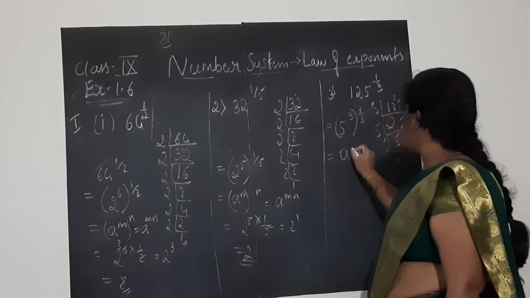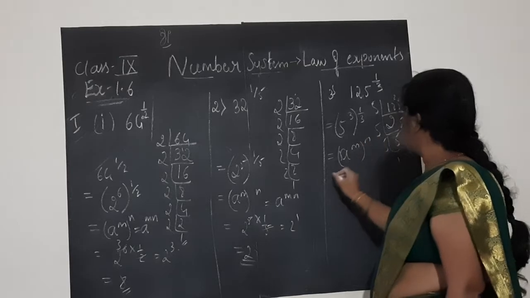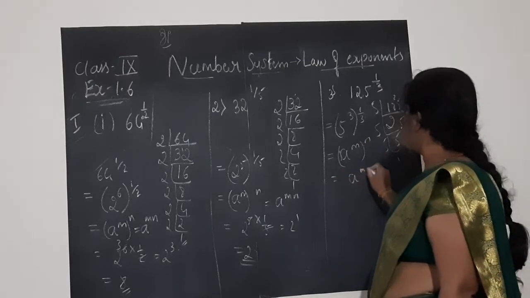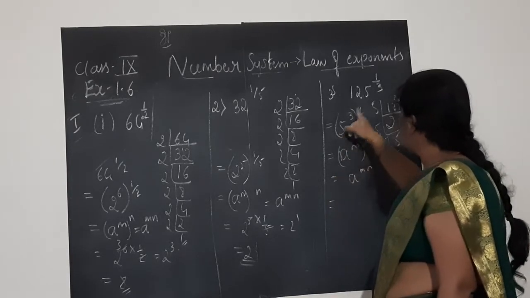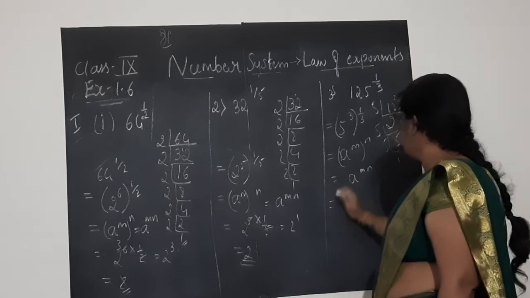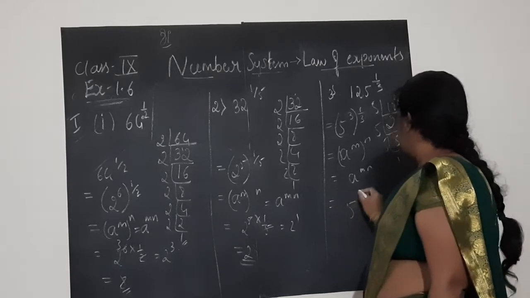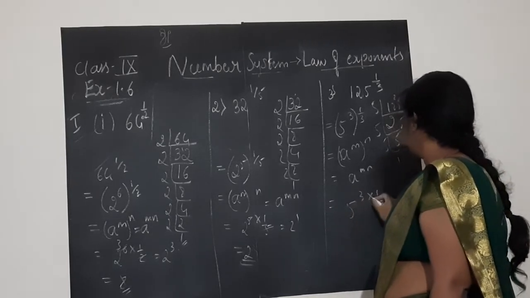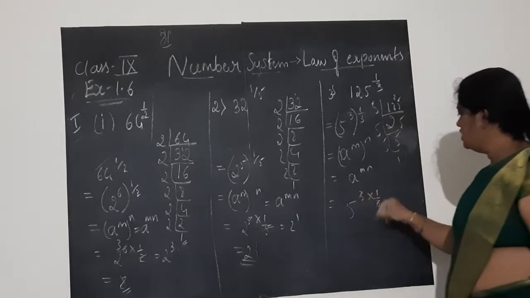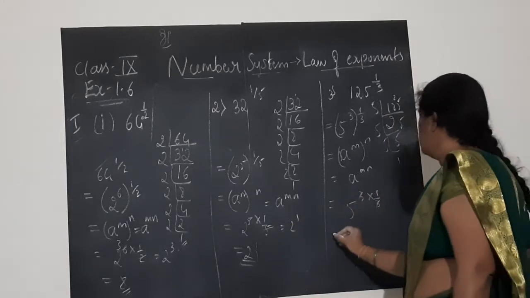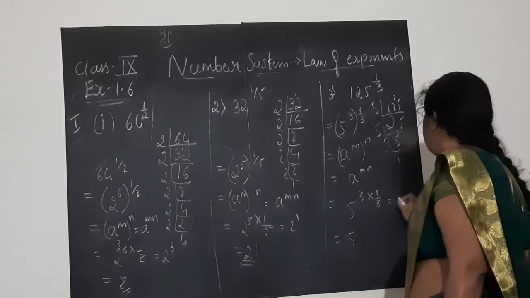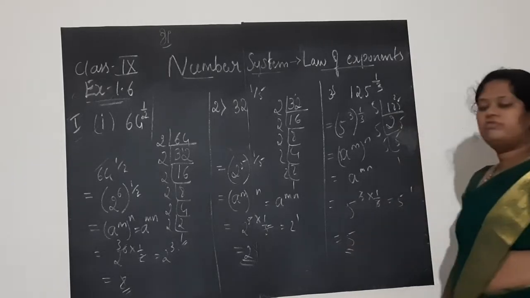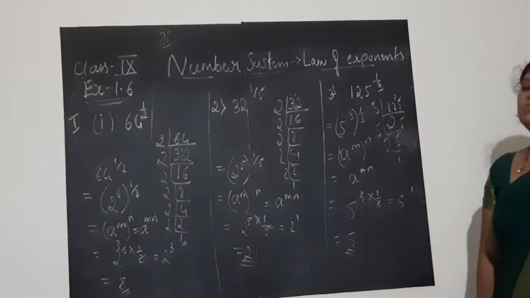So again it is of the form (a power m) whole power n, which is equal to a power mn, means 5 power 3 whole power 1 by 3 can now be written as 5 power 3 into 1 by 3. 3 and 3 same like here, it gets cancelled, which is equal to 5 power 1, means simply 5. So all the 3 problems I have solved, children.